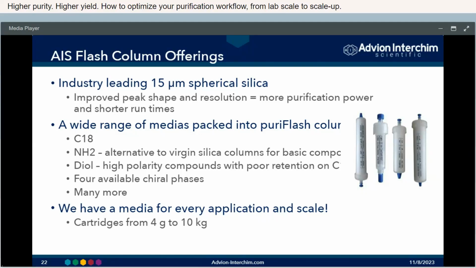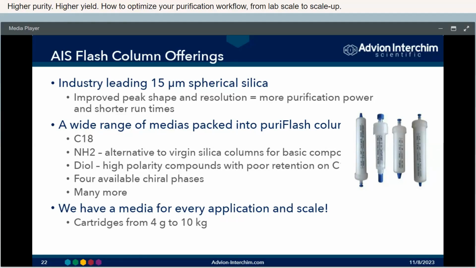So that's a virgin silica, but we also offer several different C18 bonded phases, which are good for a wide range of polar and nonpolar compounds. We offer an amino bonded silica, which is an alternative to virgin silicas for basic compounds. We offer the diol phase, which is great for high polarity compounds with poor retention on C18.